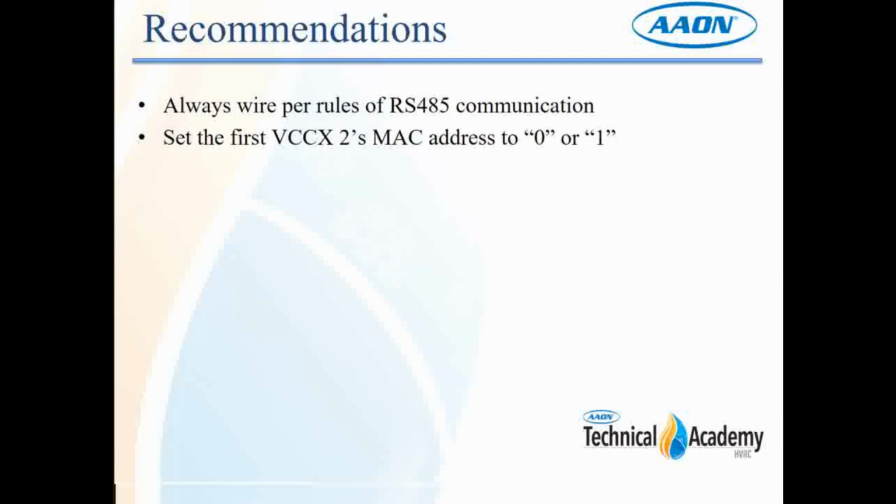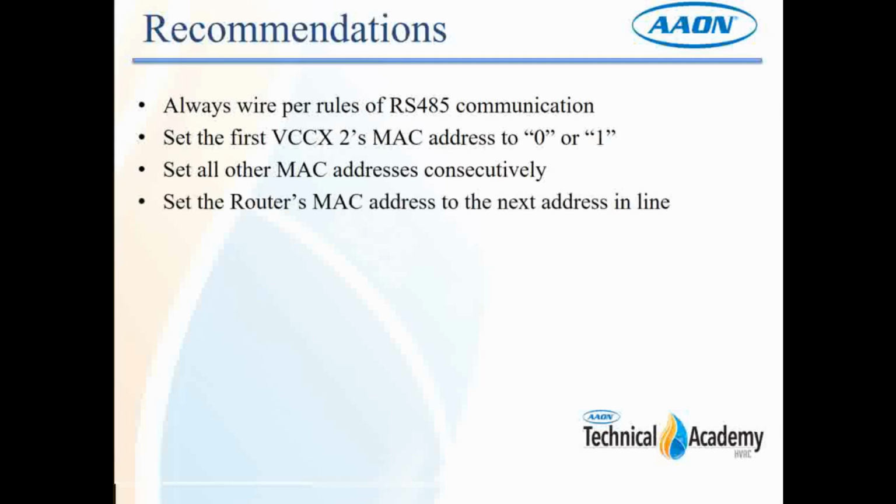Set the first VCCX controller's MAC address to 0 or 1, and I'll come to why in just a few minutes. If you had 4 controllers, you're going to start with the VCCXs and set all of the additional controllers consecutively. Then you're going to end the loop with the router.